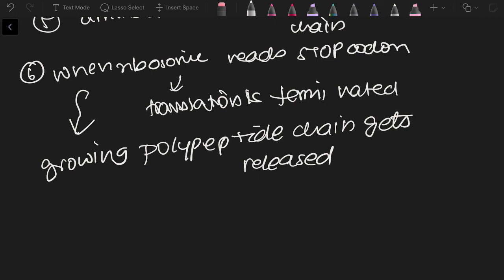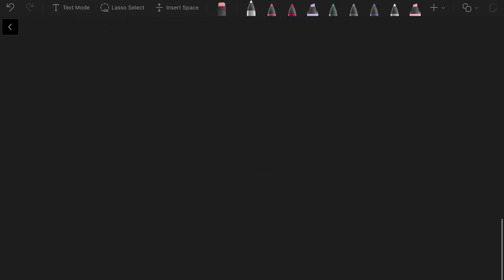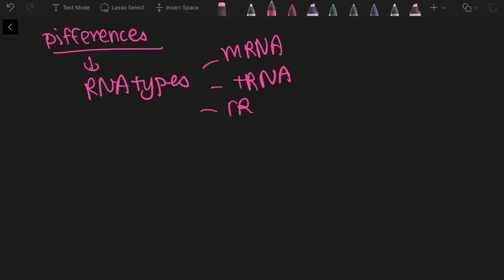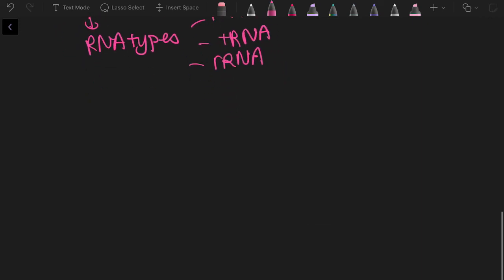Okay, so the next thing is to look at the differences. Now that we've covered transcription, RNA processing and translation, we need to look at the differences between the RNA types, which is basically mRNA, tRNA, rRNA. So mRNA is the molecule that brings the genetic information.